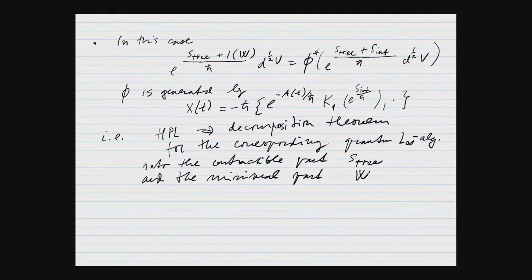So this just tells you, again starting from the homological perturbation lemma, that starting with a quantum L-infinity algebra, you will always find an isomorphic one, which decomposes into the minimal model, the part non-trivial on cohomology, and the contractible one.